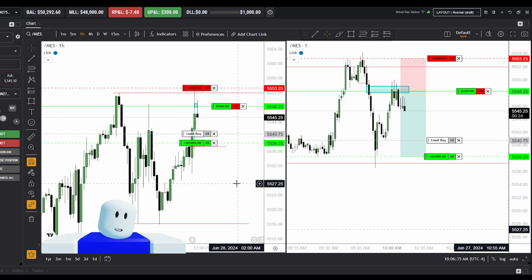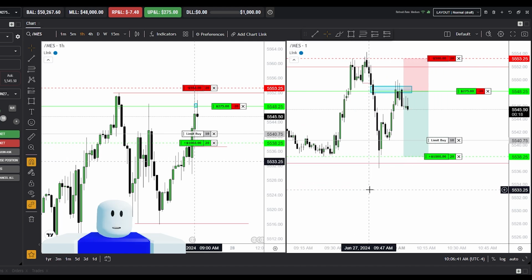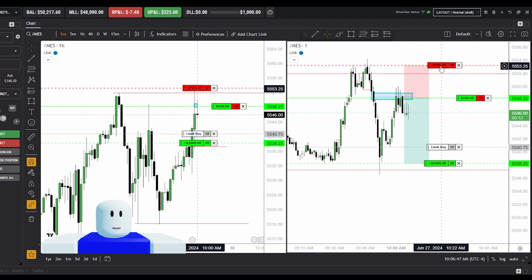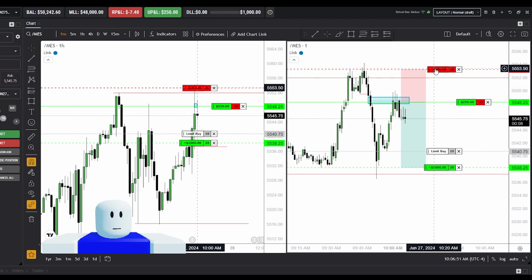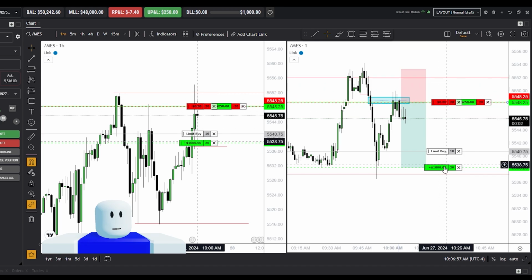So I might just move stops to break even already, since these were my original targets and they were already taken out, which means it's a lower likelihood of this trade working out. So yeah, I might just move stops to break even. Yeah, I'll do that.